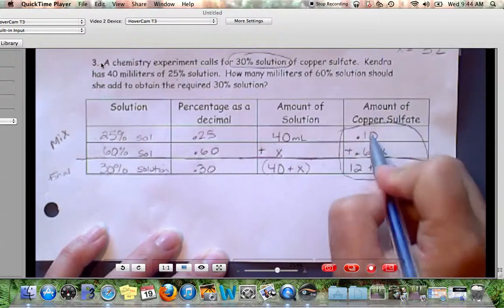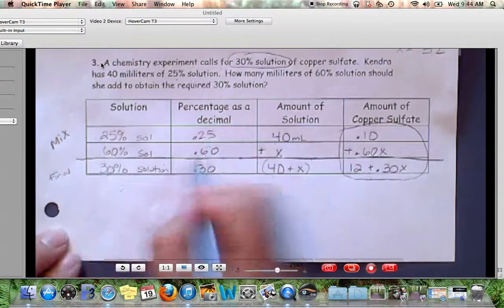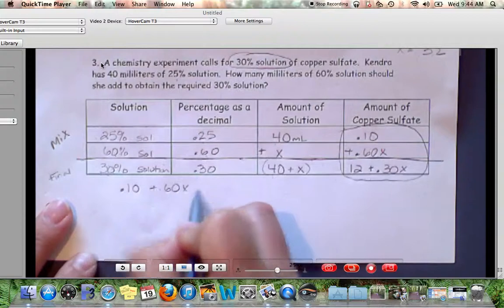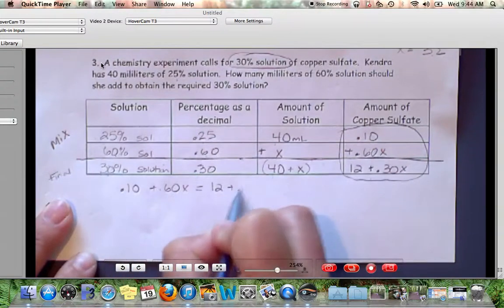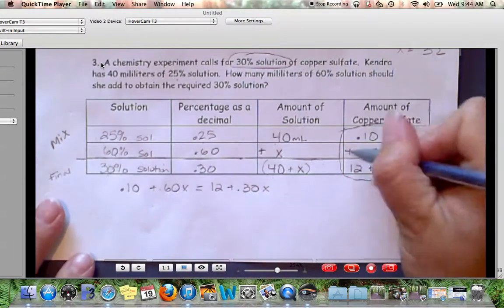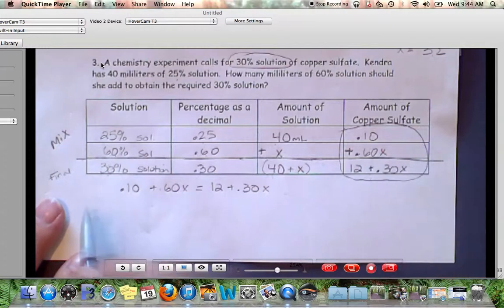When you add these two together, you'll always get this. So you just change this vertical equation into a horizontal equation. 0.10 plus 0.60x equals 12 plus 0.30x. So this is always a vertical equation. We're adding the first two together to get the third one, and then we need to solve it.